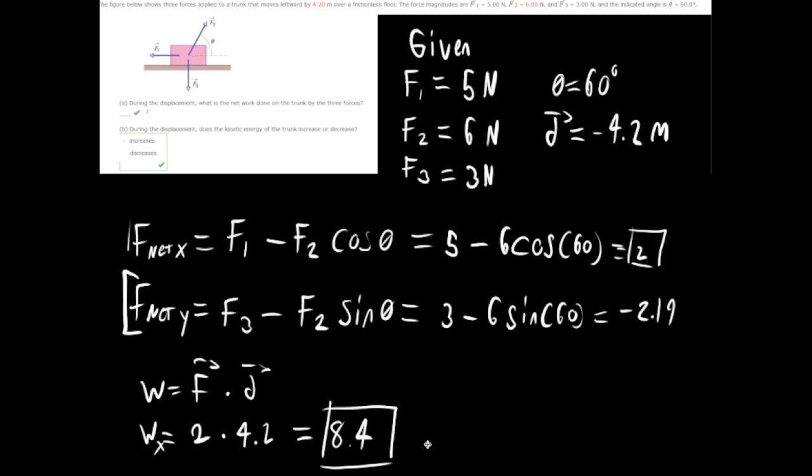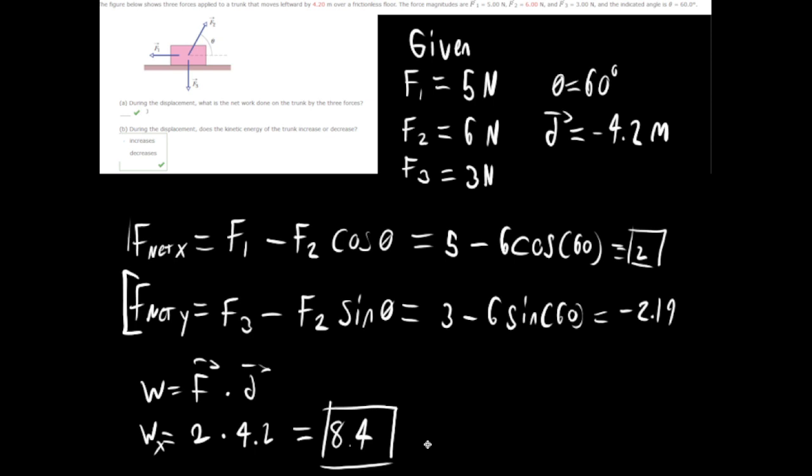Part B asks, during the displacement, does the kinetic energy of the trunk increase or decrease? Now, kinetic energy is the energy that an object has in motion. And during the displacement, motion occurs. So I could say that it increases.